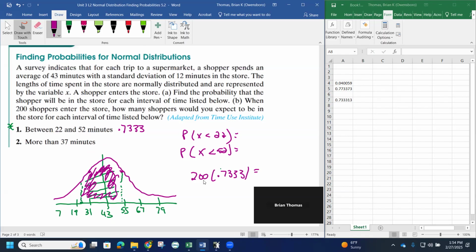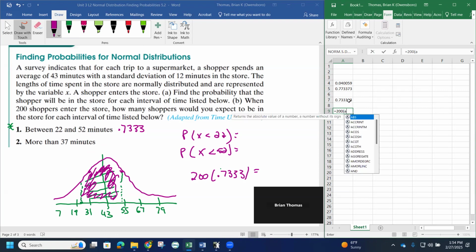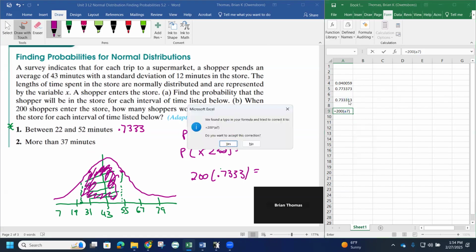If we multiply those together in Excel, I can type equals, type in the 200, and multiply by A7.